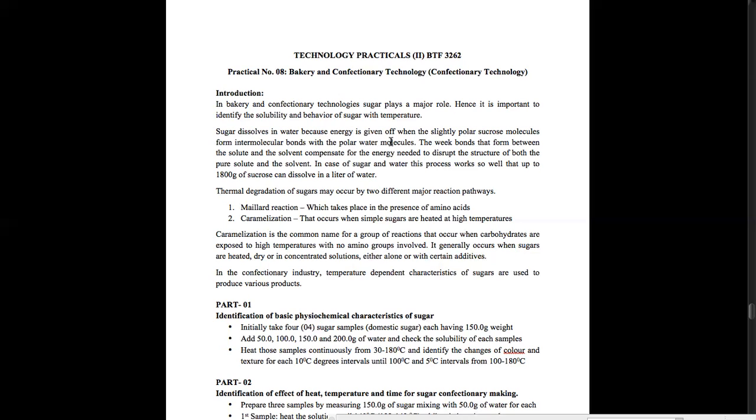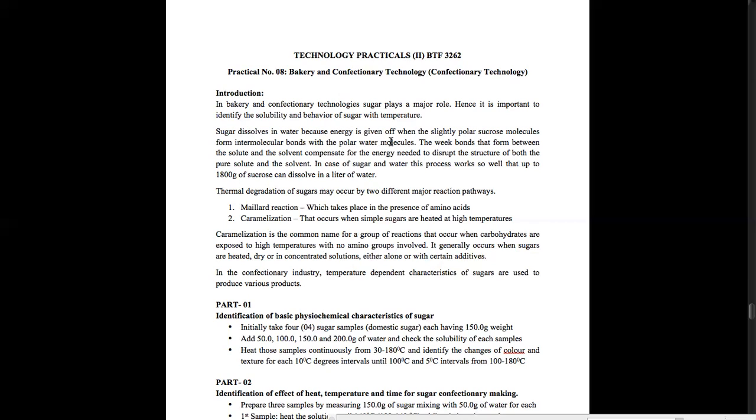So we can dissolve up to 1.8 kilograms in 1 liter. If we exceed the amount, then you can observe precipitation, right? After saturation, you can see sugar goes down, and you can see precipitates.